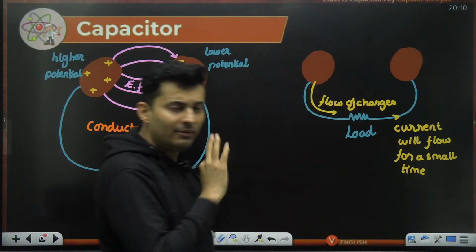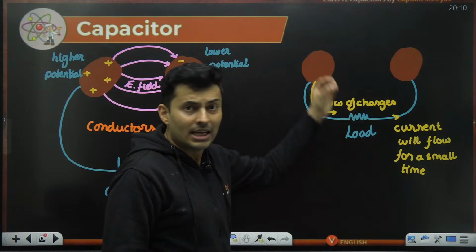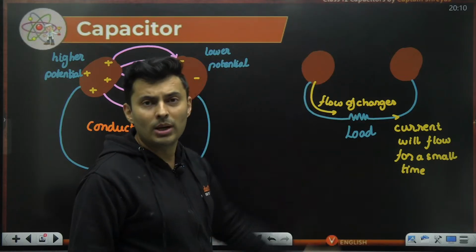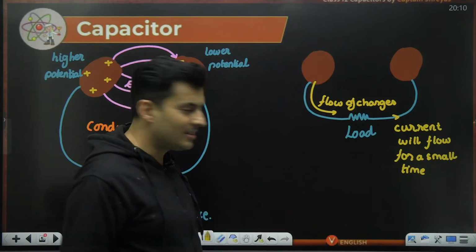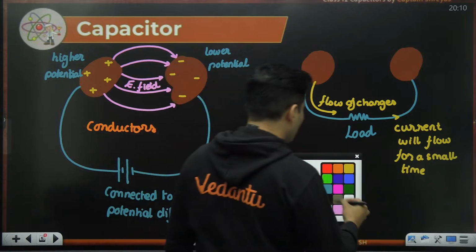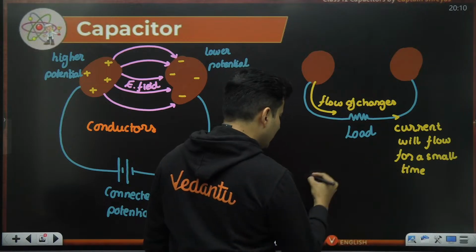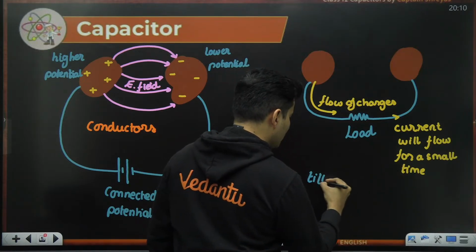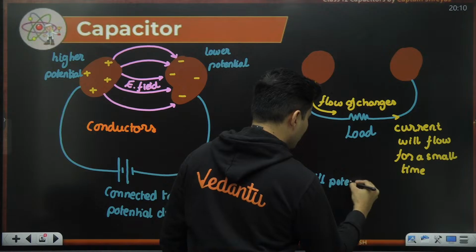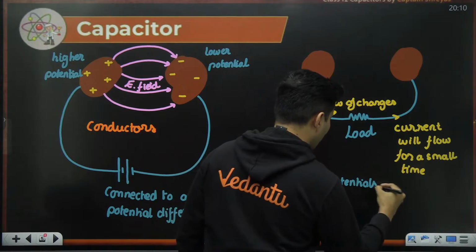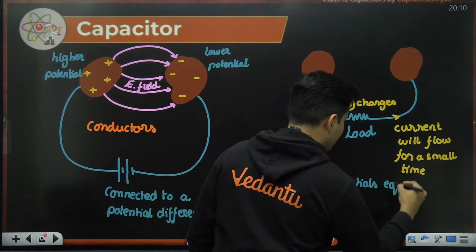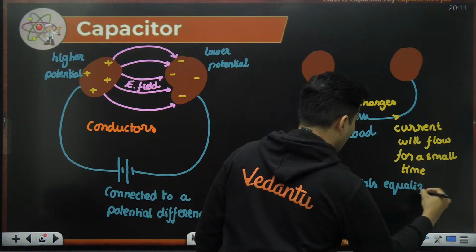And when will it stop flowing? Till it reaches an equilibrium. Basically, their potentials will become the same. So this will happen till the potentials equalize.